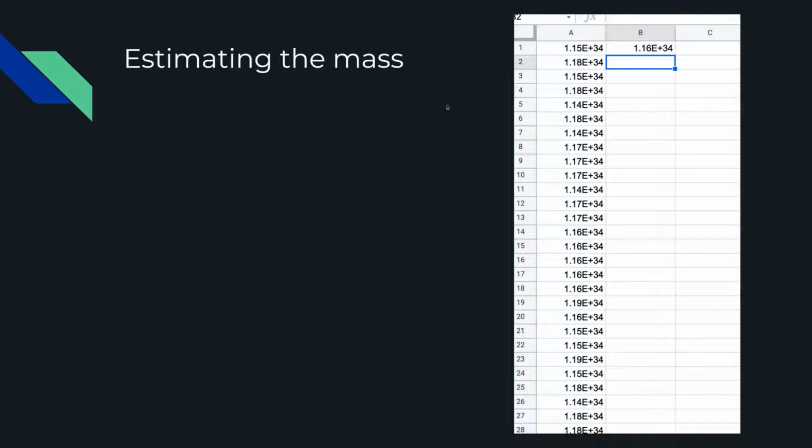And then after we got the mass of the black hole at each point, we put it into a spreadsheet and got the average of all the points to get our estimate for the black hole.